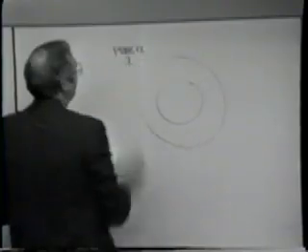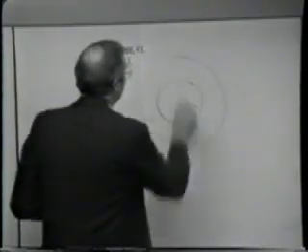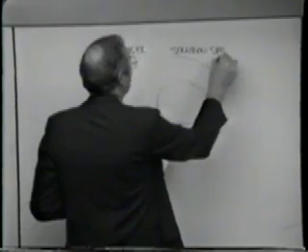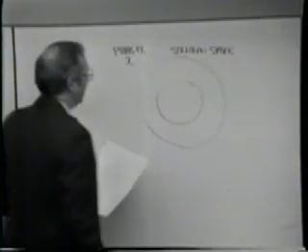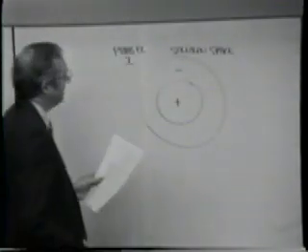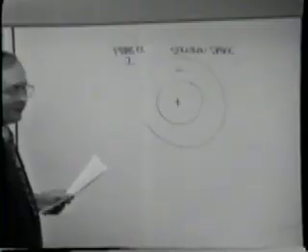Problem element number 1. And let's say this is the solution space that we're interested in for this particular problem element. What we've got is 2 regions. The 2 regions have solutions in them.